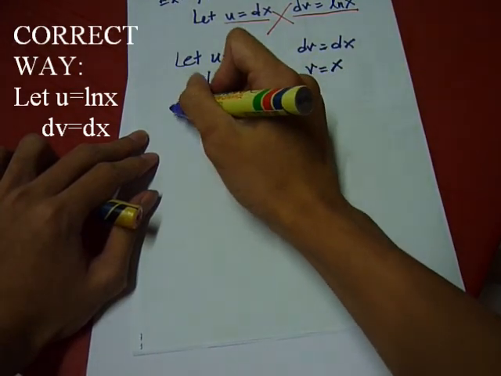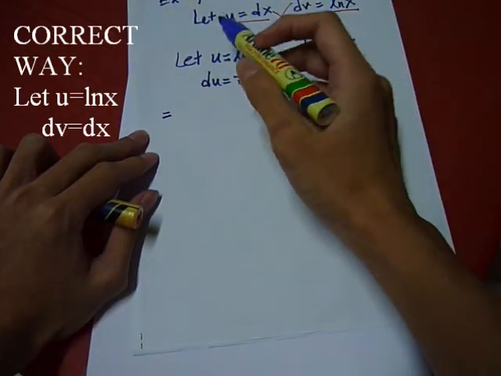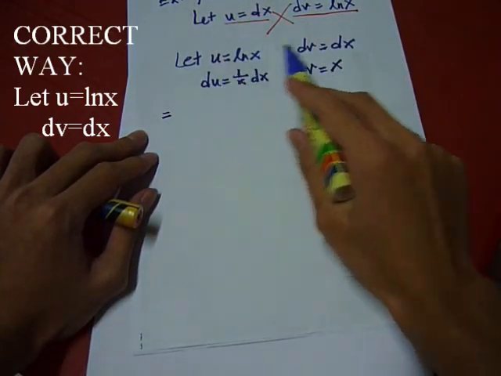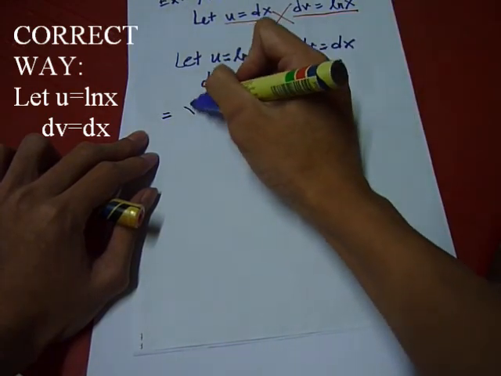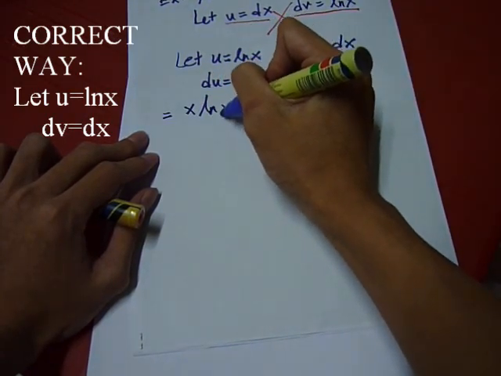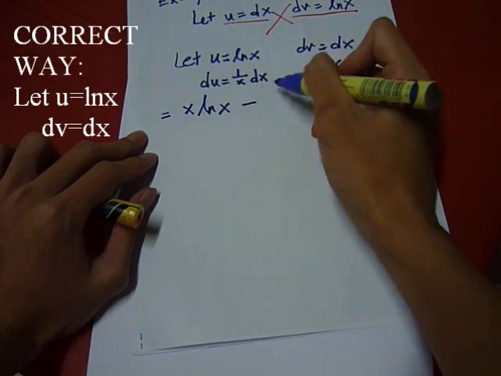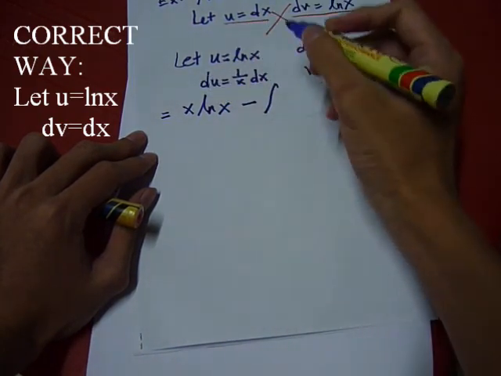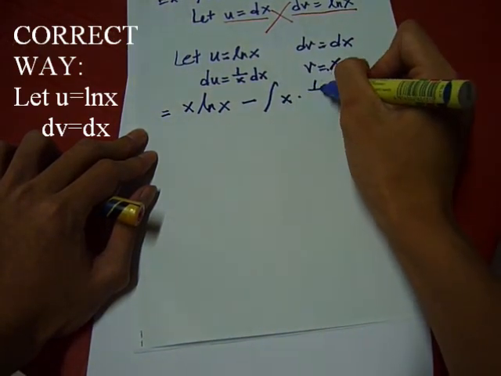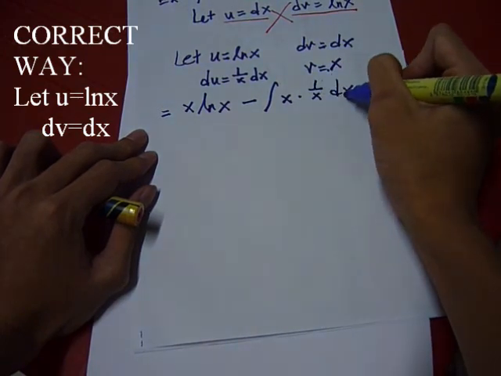From the formula we know that it is equal to uv, which is x ln x, minus integration v du, which is x times 1 over x dx.